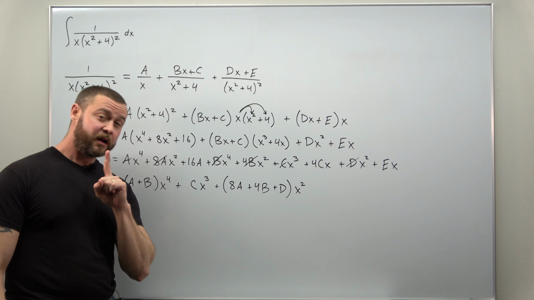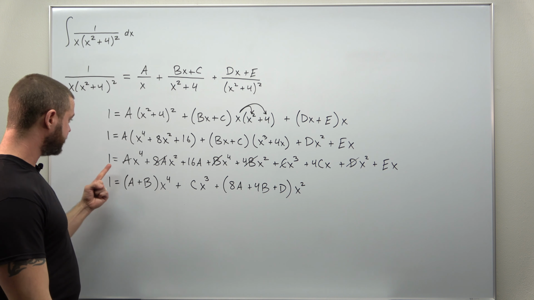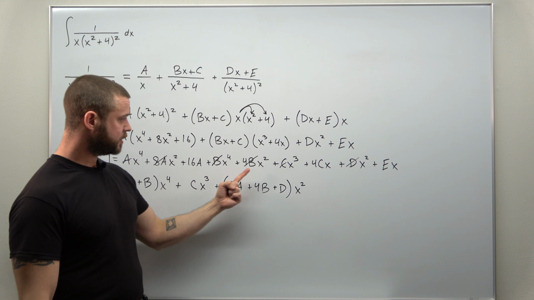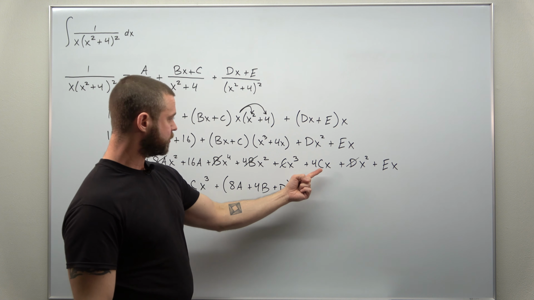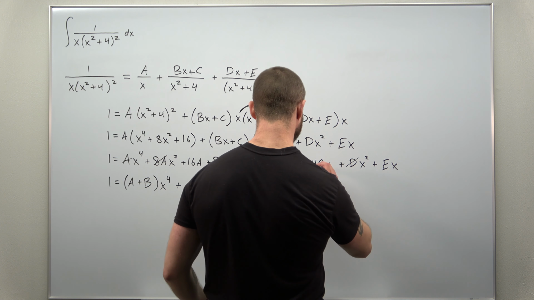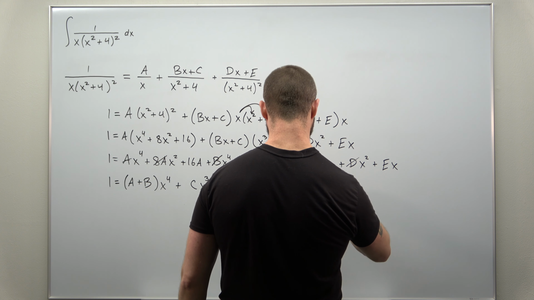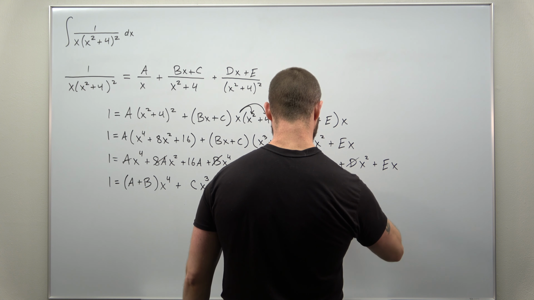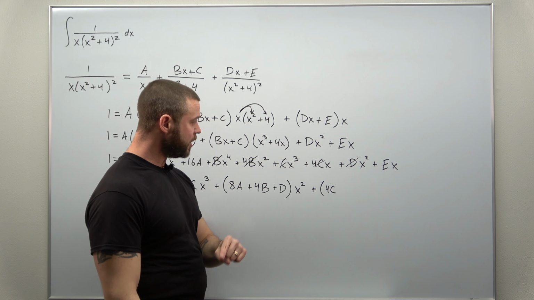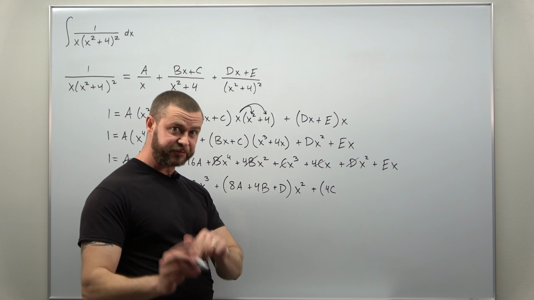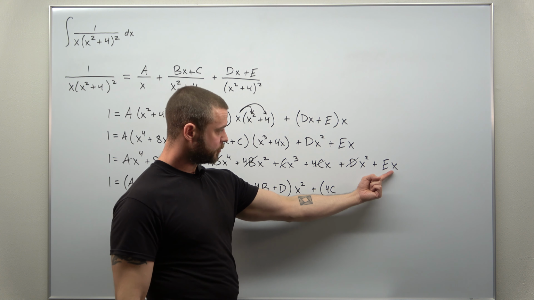Next, we're going to look at our coefficients of x. So where's the first one? Right here, we have 4c. And we do have another x term, in other words, just x by itself to the first power, right here, ex.